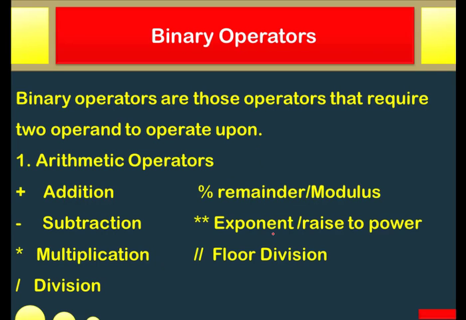Now next is the binary operator. Binary operators are those operators that require two operands to operate upon, and we have seen examples. There are different types of binary operators. First we are going to learn about arithmetic operators, which are used for arithmetic calculation.